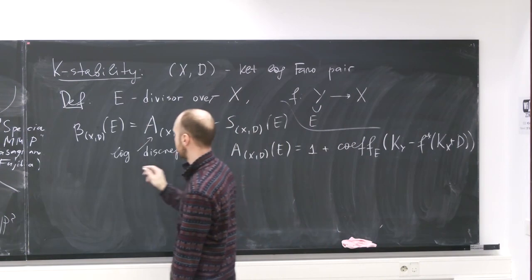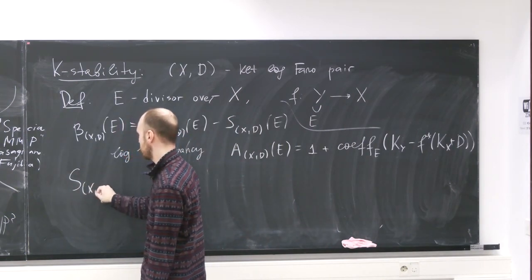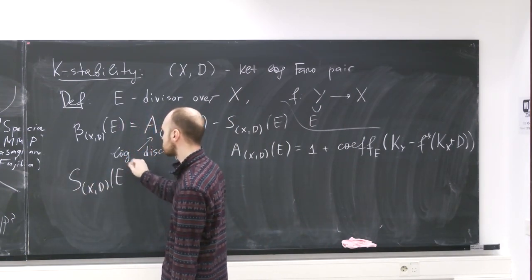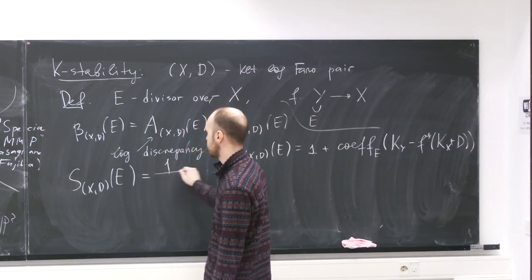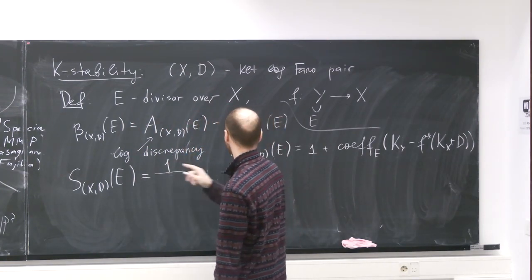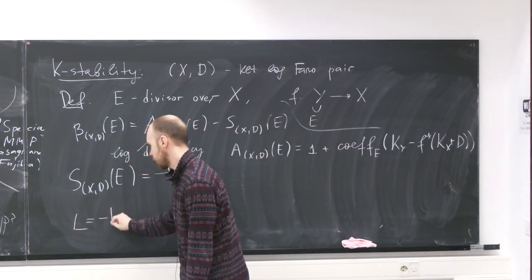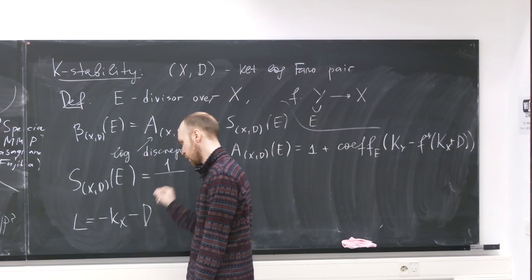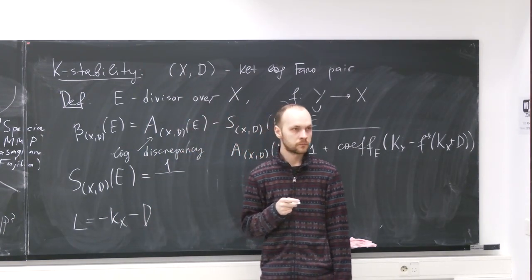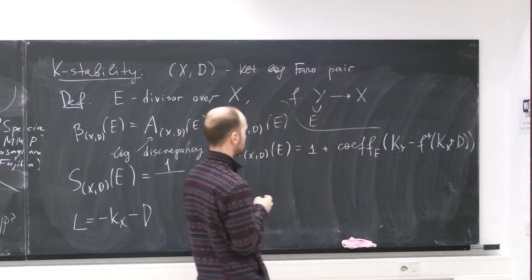And the expected vanishing order is defined in the following way. Let me introduce the following notation. Do you assume that Y is small or something?